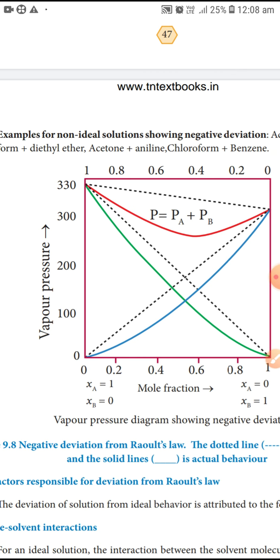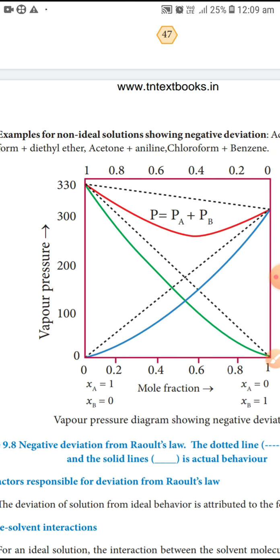Next, let us learn about the factors responsible for deviation from Raoult's law. The deviation of a solution from ideal behavior is attributed to the following factors: solute-solvent interaction, dissociation of solute, association of solute, temperature, pressure, and concentration.